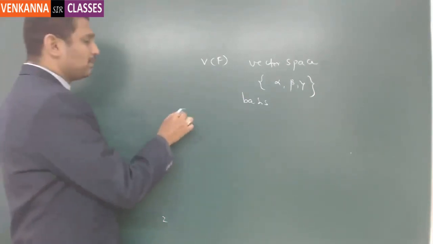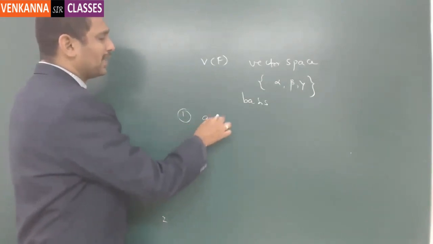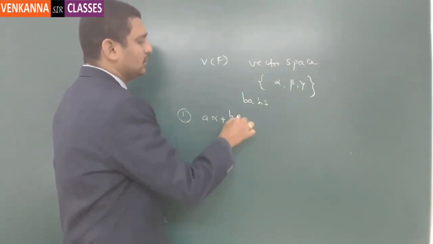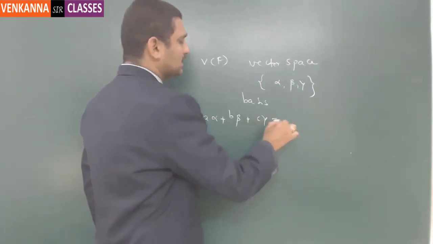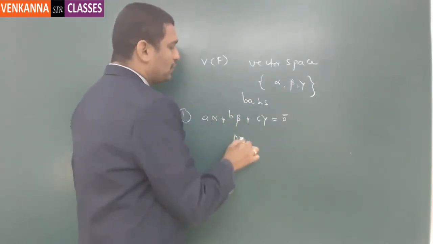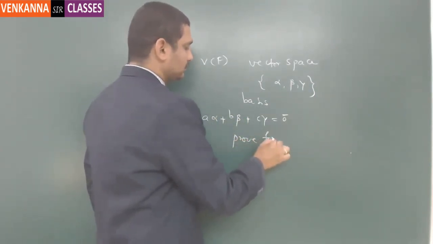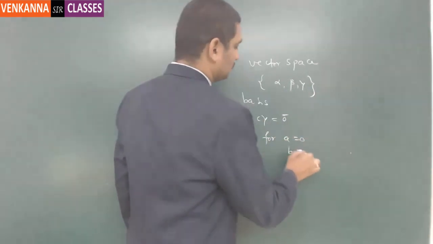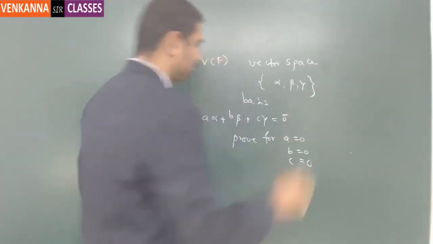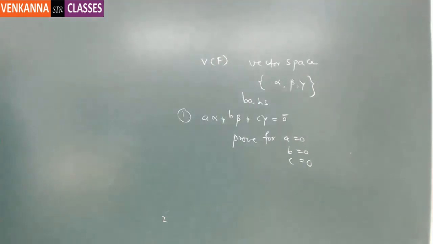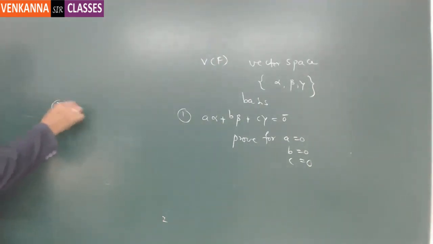So the first step you need to do is, you should write a linear combination using those vectors, and we should prove that the scalars are 0.